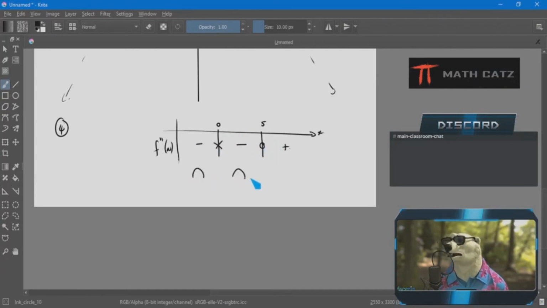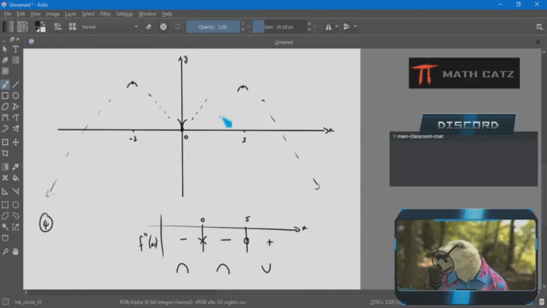So I'm bending down, bending down, bending up. All right, let's see if that fits what I have so far. And it certainly does. I am bending down through the turning point at -2 to 0. So let's fill that in.